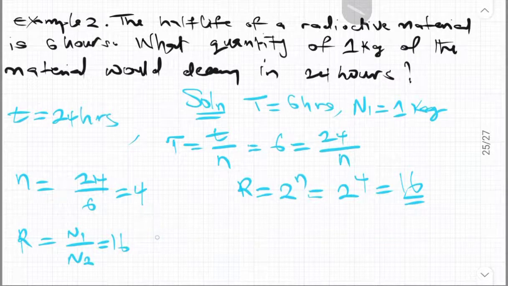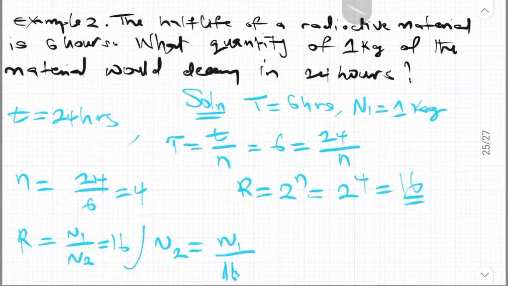Okay, so let's see what N2 is. Let's put a line to differentiate that. So we have N2 is equal to N1 over 16.